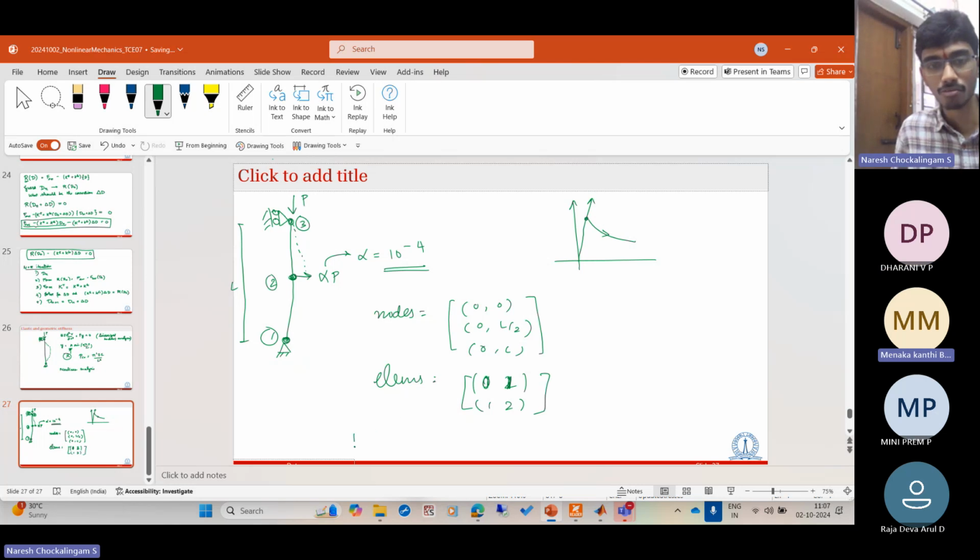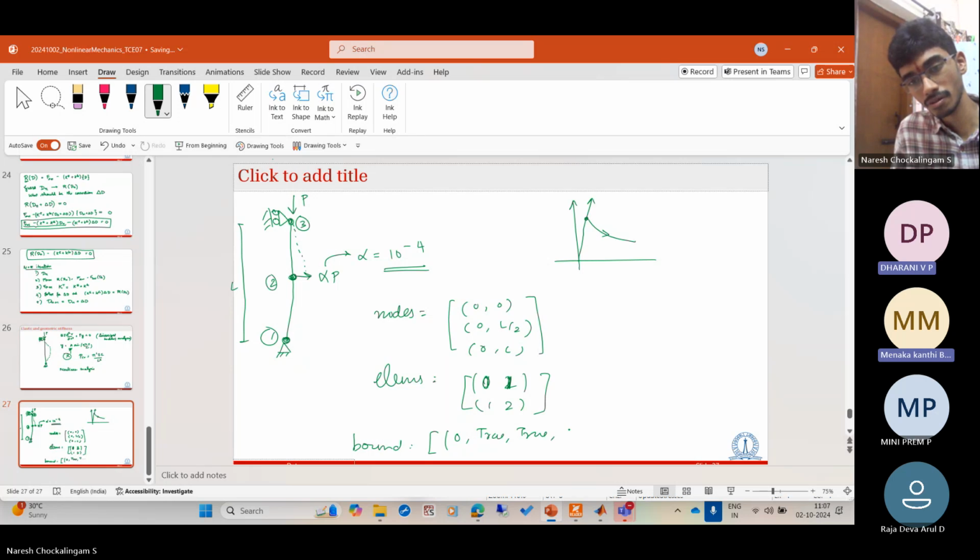Fine. What about the boundary condition matrix? Boundary conditions at 0 are true, true, false, and at 2 we have true, false, false.